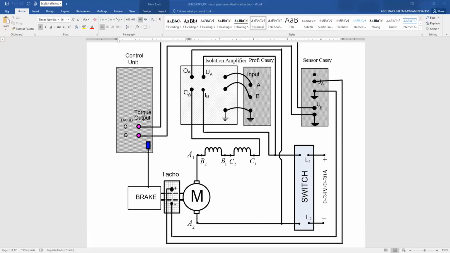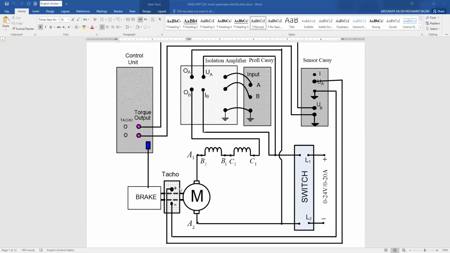So we have channel B to measure current and channel A to measure the input voltage. And we will connect these channels of the isolation amplifier to a Brophy-Casi, and then we can get the results on the computer.